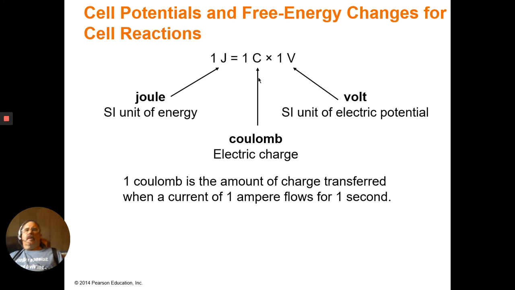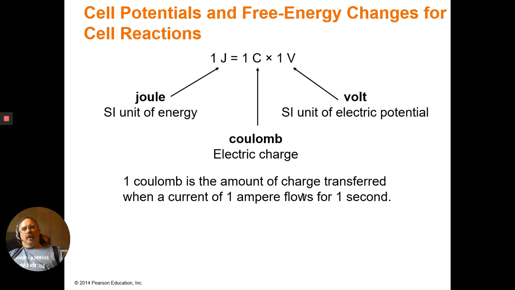The joule, the coulomb, and the volt are related by this equation. The joule is the unit of energy, the coulomb is the unit of electrical charge, and the volt is the SI unit of electric potential. The coulomb is defined as the amount of charge transferred when a current of 1 ampere flows for 1 second.